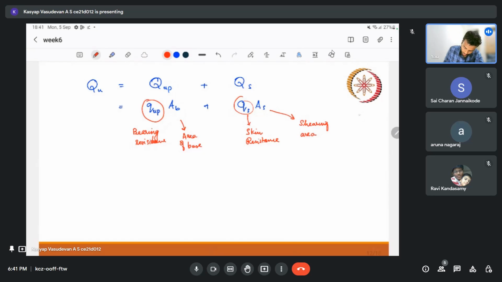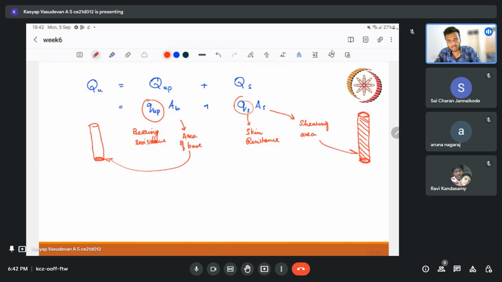If this is my pile, this particular area is what I'm talking about in the case of bearing, and in the case of shearing, it is the curved surface. At the bottom this part is not taken and the top is also not taken. The curved surfaces are shearing. So this is the basic thing.